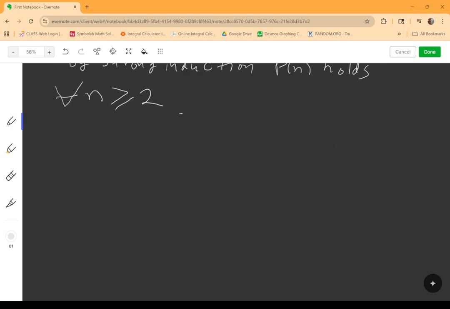All right, and then one more example involving prime factorization.